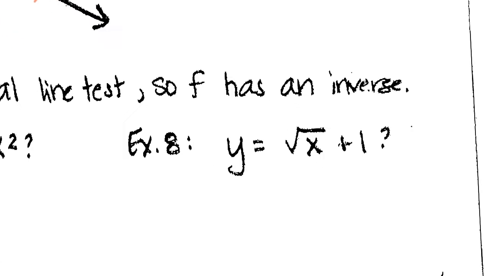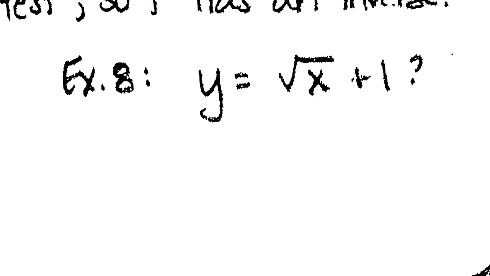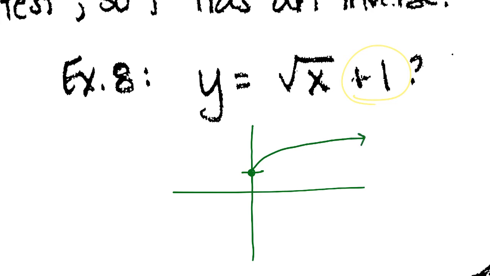Let's talk about the parent function of this. I know it's a square root function, so I know what the parent function looks like. This plus 1 right here tells me it's going to go up, down, left, or right 1. It's going to go up 1, and it is going to look like this.